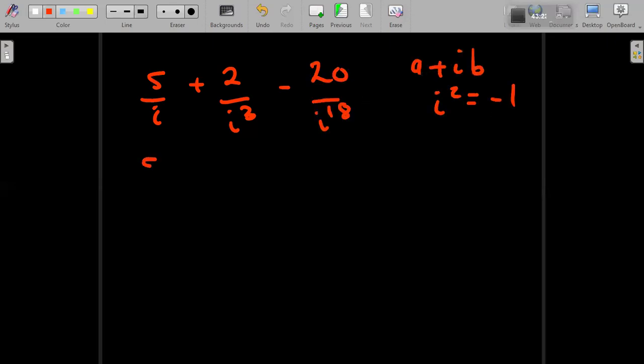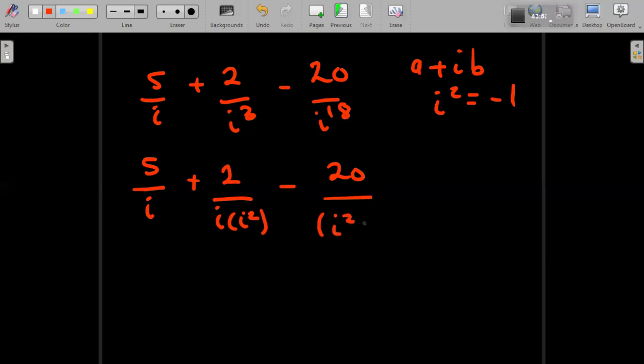So remember, this is going to be your key. So how are we going to handle this one here? That's i squared, then minus 20, I have as i squared to the power 9, since when I multiply 2 by 9, I get 18.